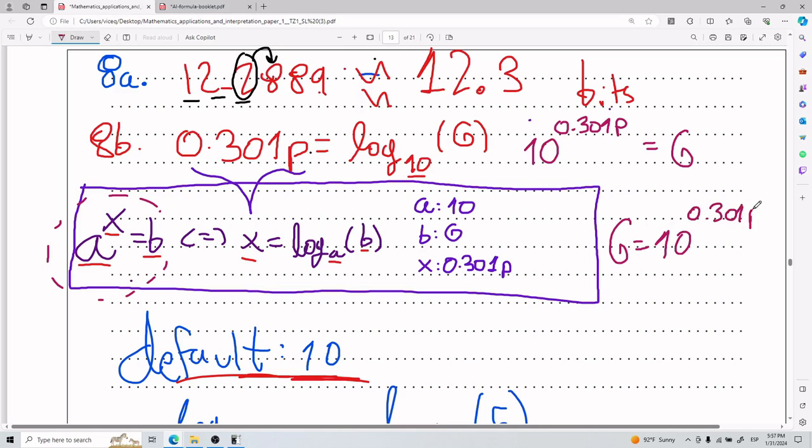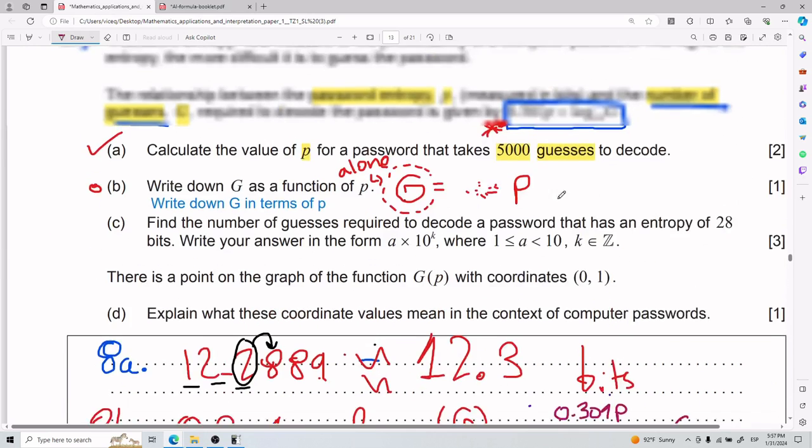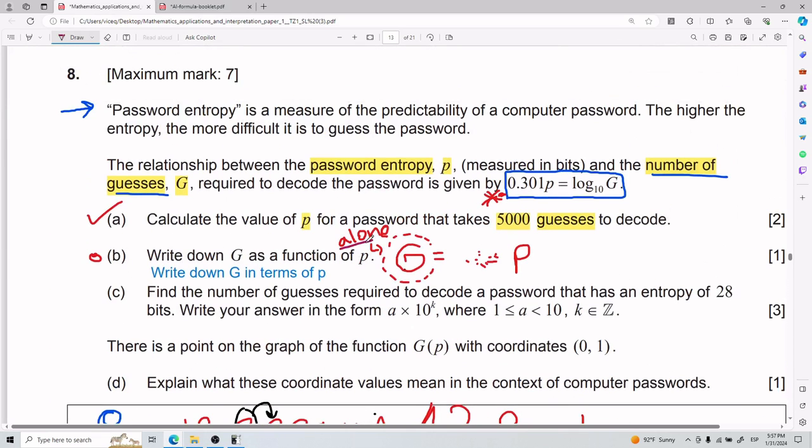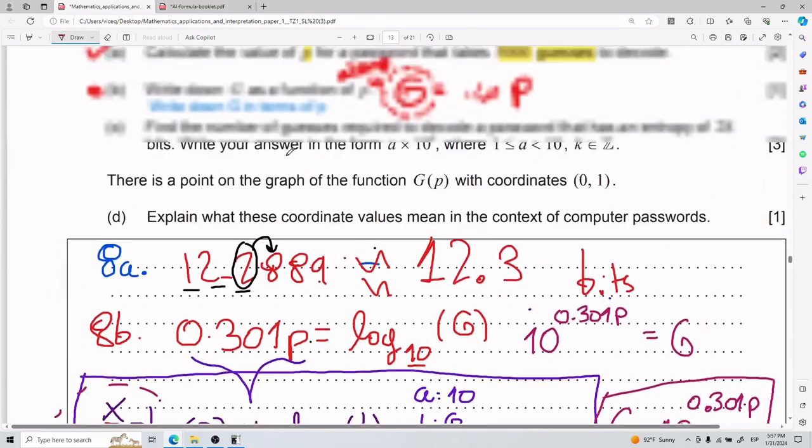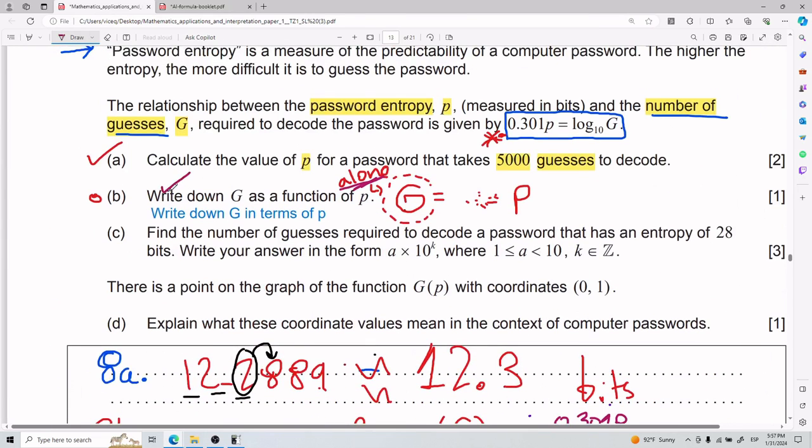But look at that. I got G alone. And what were we trying to do? Get G alone. So I'm going to have G equals something something P. In this case, P is on the exponent, but I have G alone. That's all I need to do to write down G as a function of P. That is part B. Kapow! Look at that. All right.